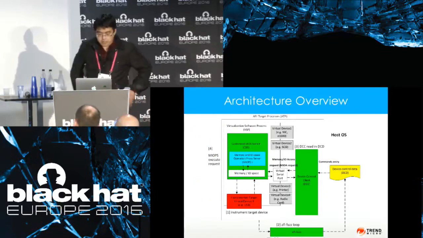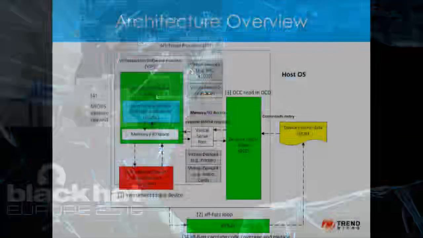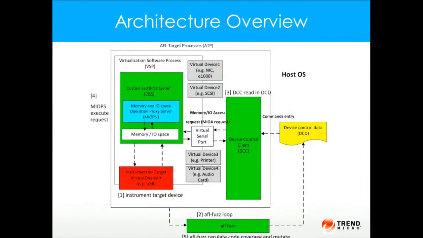Okay, let's see the architecture overview, module by module. The whole architecture is divided into four important modules. The left part is the virtualization software process, aka VSP.